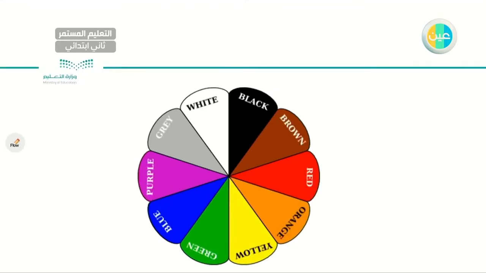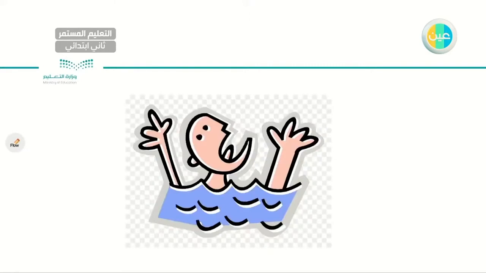Okay, for me, let's try to read the colors starting from the black. Black, brown, red, orange, yellow, green, blue, purple, gray, and white. Very good. So I have these and more, but let's go to the next exercise.